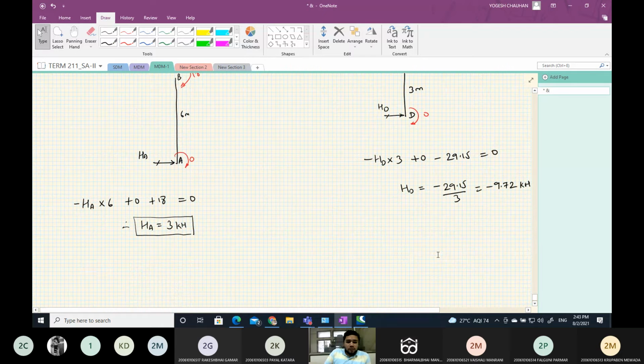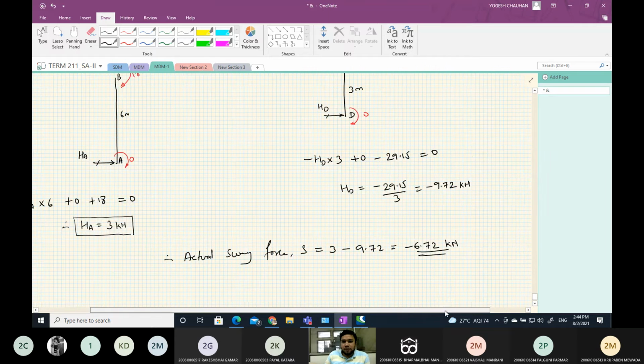So here the actual sway force S is equal to 3 minus 9.72, that is minus 6.72 kilonewton.